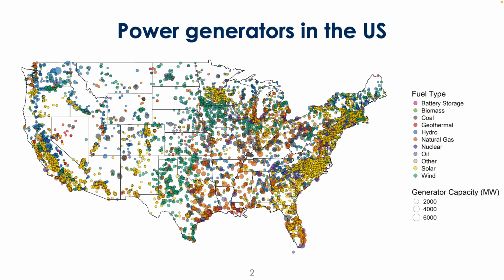Yeah. And if you're astute, you'll also notice that there is one purple. Does anyone know where that is? Anyone know what plant? Diablo Canyon. Yeah, Diablo Canyon. That's the last remaining nuclear plant in California.